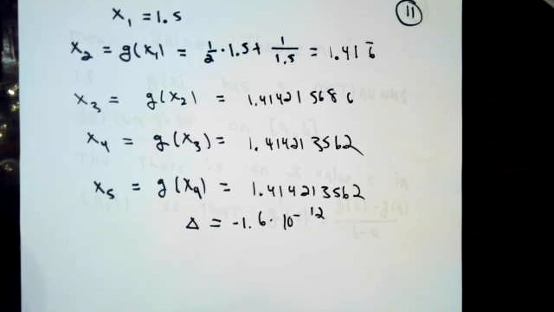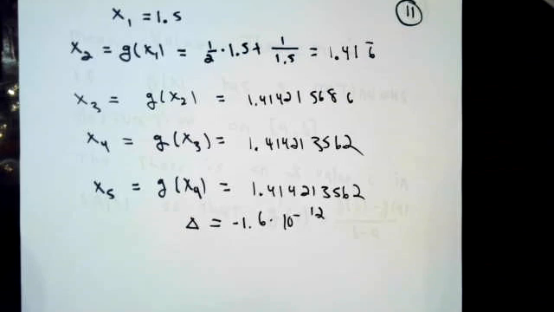Take x2 and feed it through the g function, multiply it by 1/2 and add its reciprocal, and you end up with 1.414215686. Calculate x4, you get g of x3, which is 1.414213562.